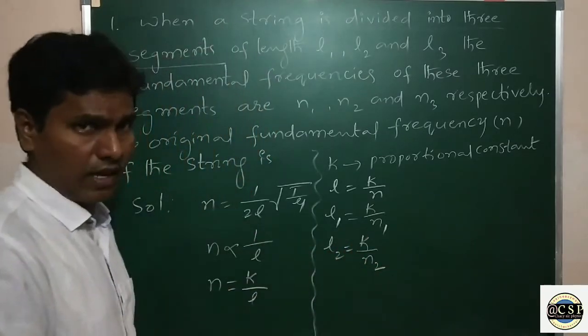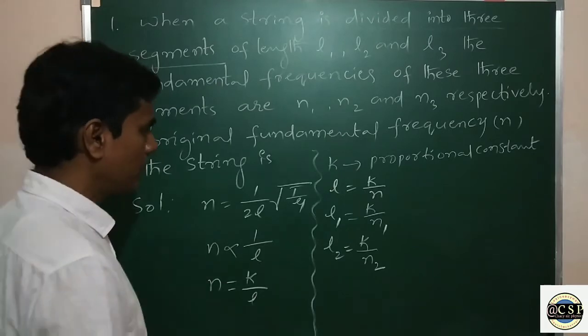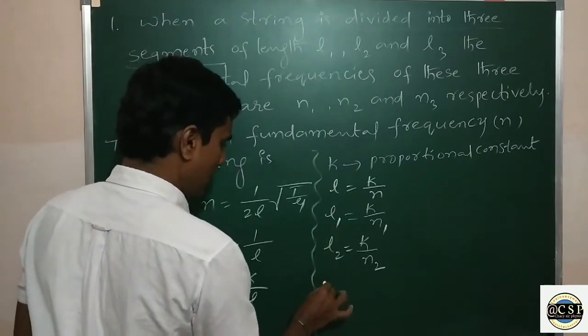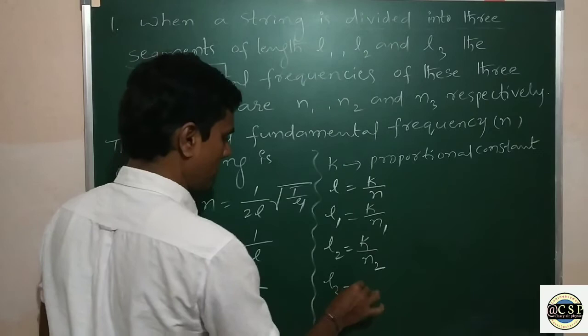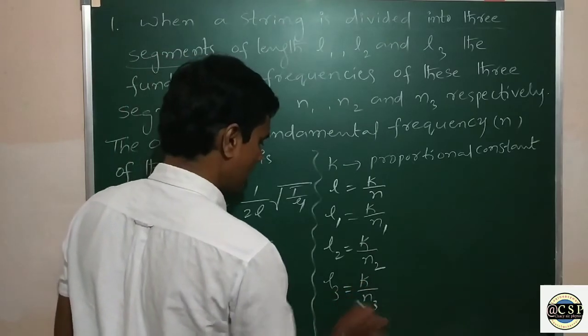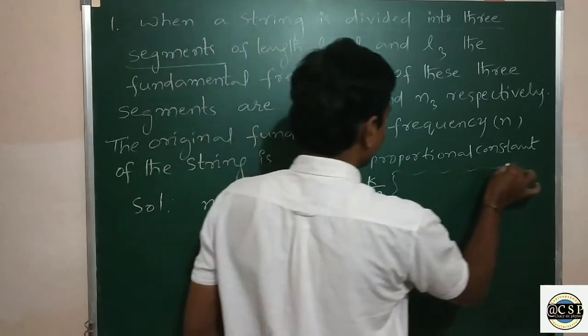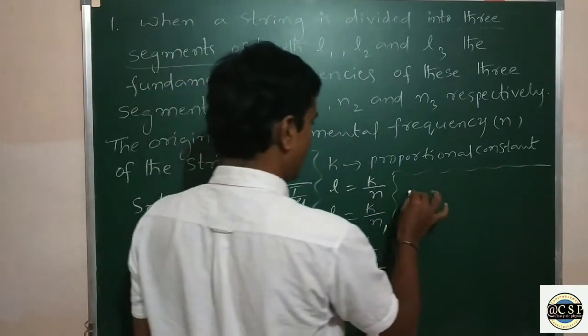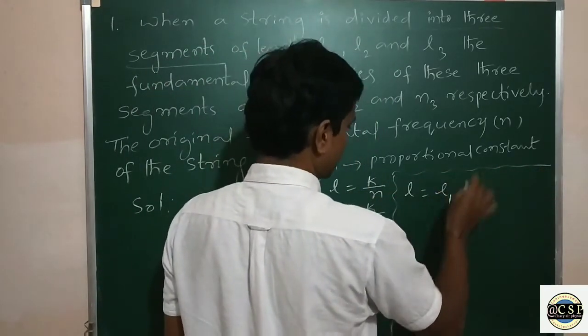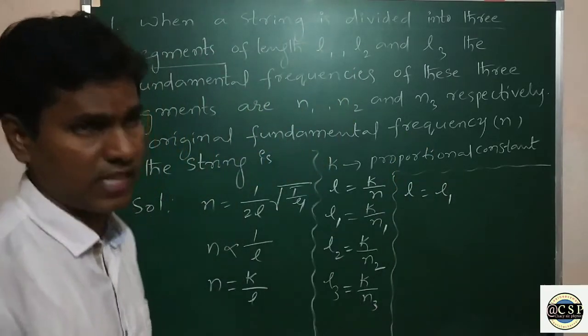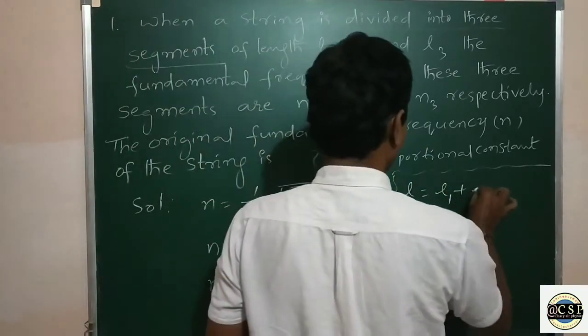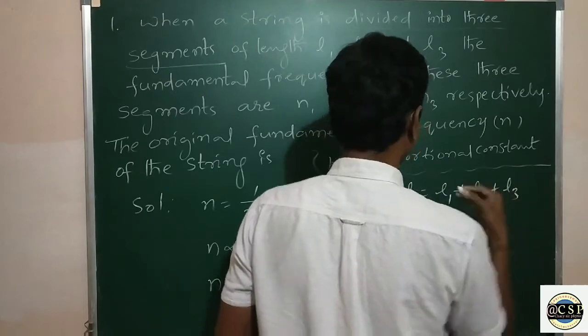This is the length of the second segment, and similarly L3 is equal to k by n3. So the total length of the string, L, is equal to the sum of the individual lengths of the segments, L1 plus L2 plus L3.